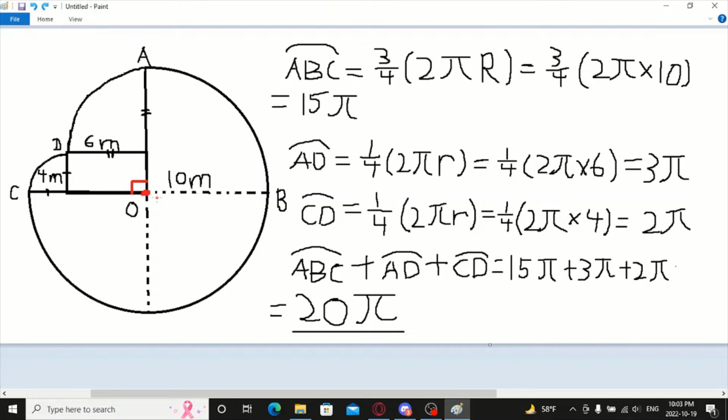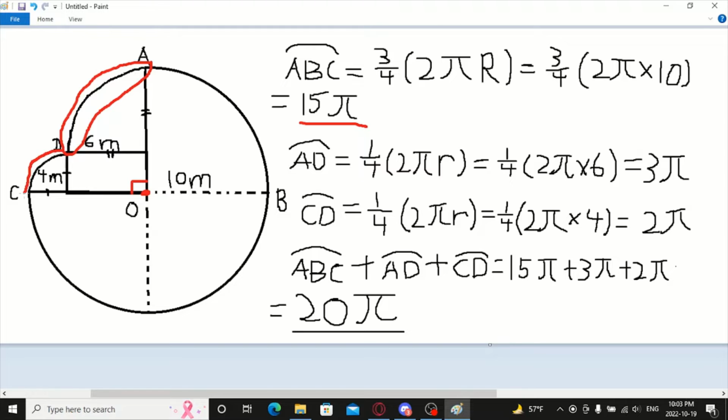Since the rope is 10 meters long, and the formula for a circle's perimeter is 2 times pi times radius, we substitute r as 10 and find that 3/4 of this perimeter is 15 pi. Next, we'll keep this in our back pocket and look at these arcs here.